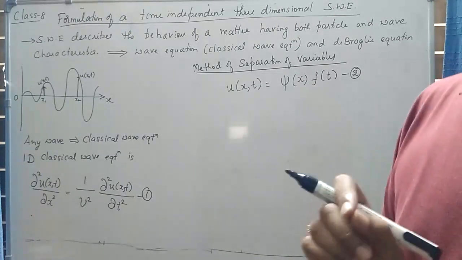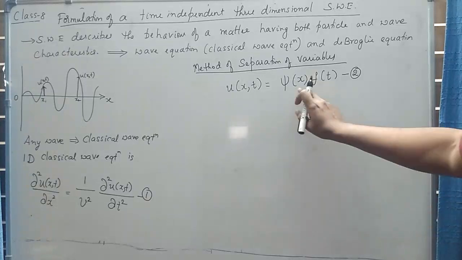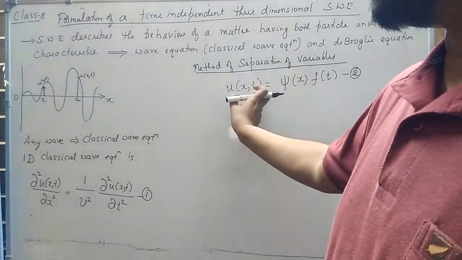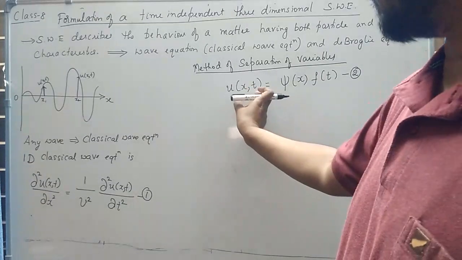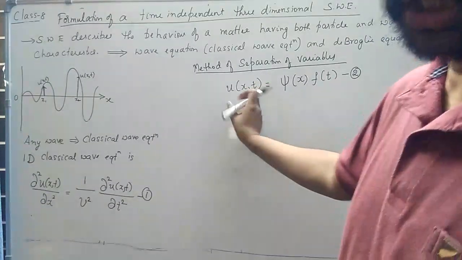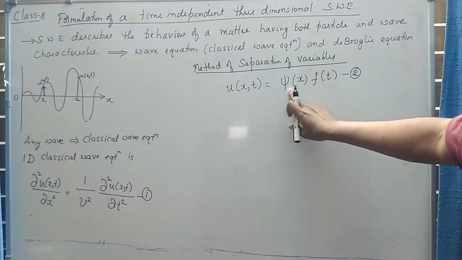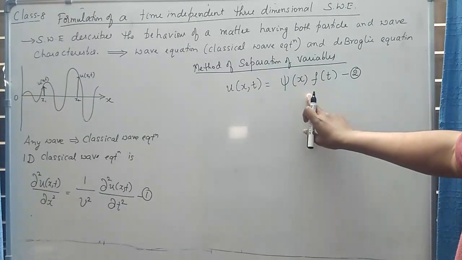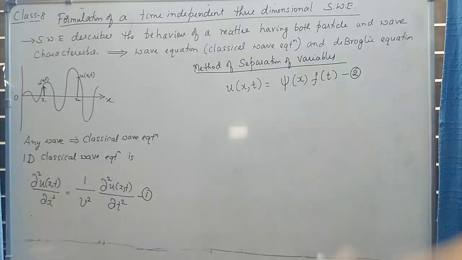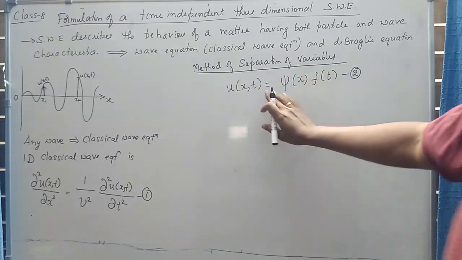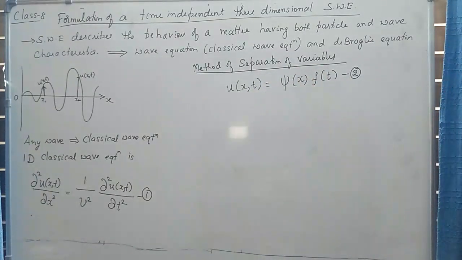Okay, so this is the first step of the method of separation of variables. We have separated the two variables here because the overall amplitude, that is the function, is written as a product of two functions. The first function only depends on variable x and not on time. The second function depends only on variable t and not on variable x. So we have factored out and separated the two variables.